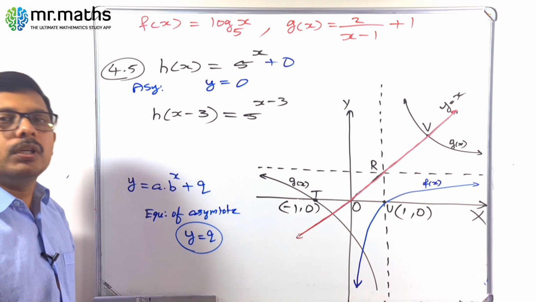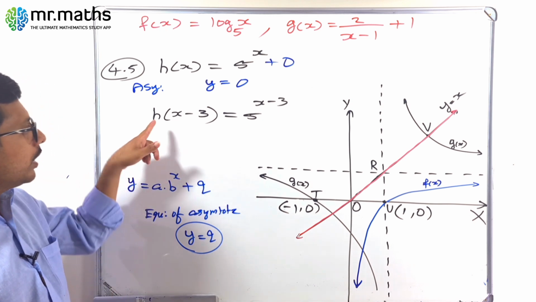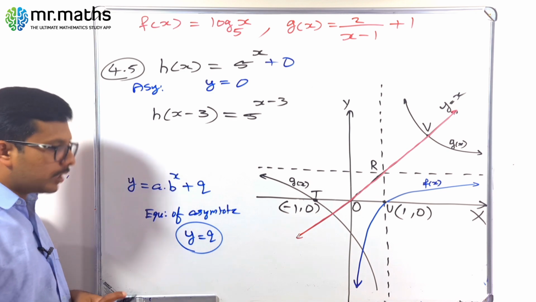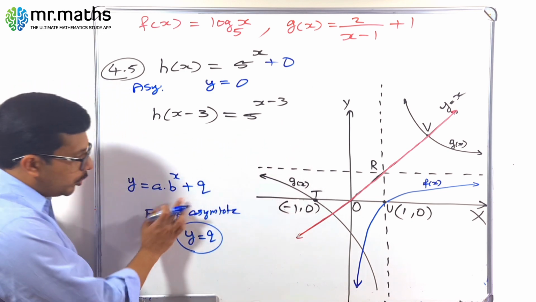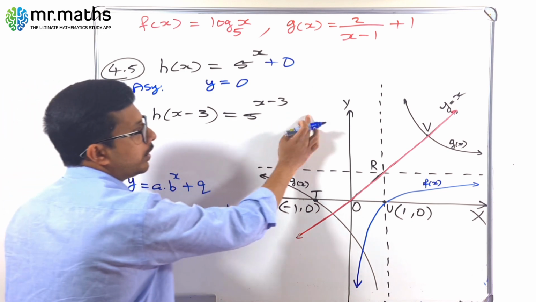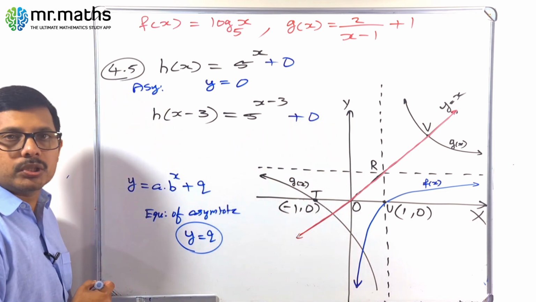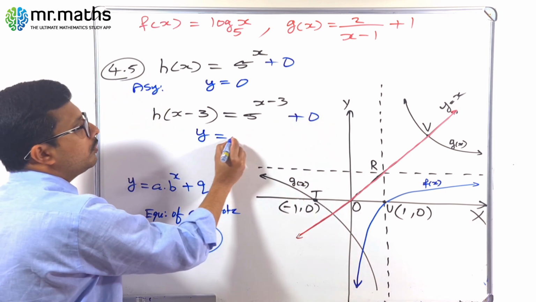Okay, so now the question is, what is the equation of the asymptote of this one? Here also you can see that the asymptote is y is equal to q. Is there anything here? So it is plus 0. So what is the equation of the asymptote? Y is equal to 0.